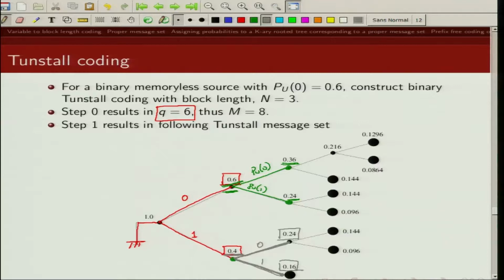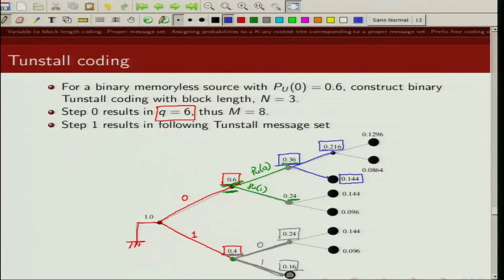Third, so now at this point, what are the probabilities of the leaves? This is probability 0.36, this is probability 0.24, this is probability 0.24 and this is probability 0.16. So at this point we can see that this particular node has the highest probability. So our third extension will happen from this particular leaf. If I extend this leaf, this probability is 0.36 into 0.6 and this probability is 0.36 into 0.4.